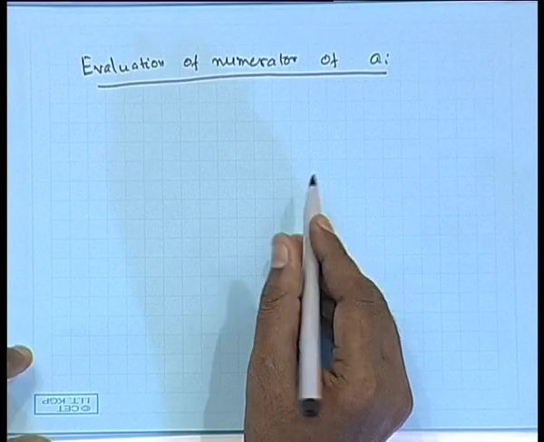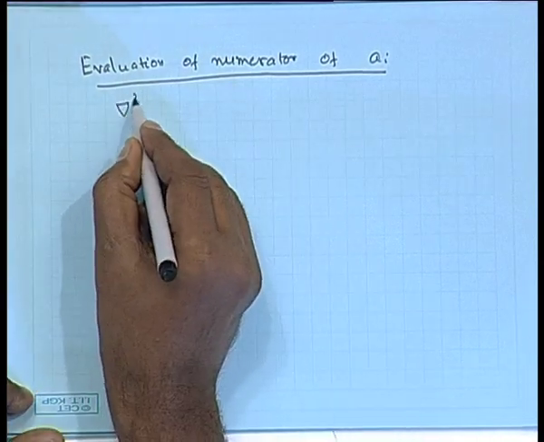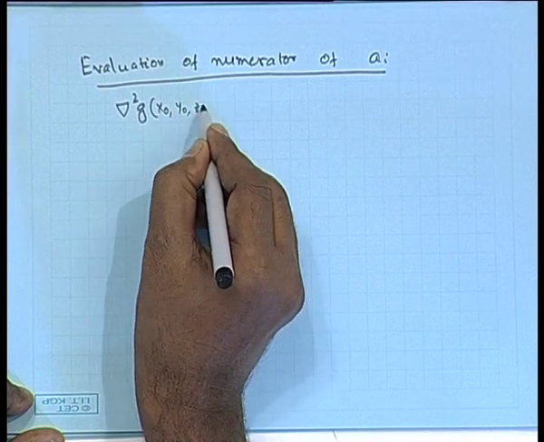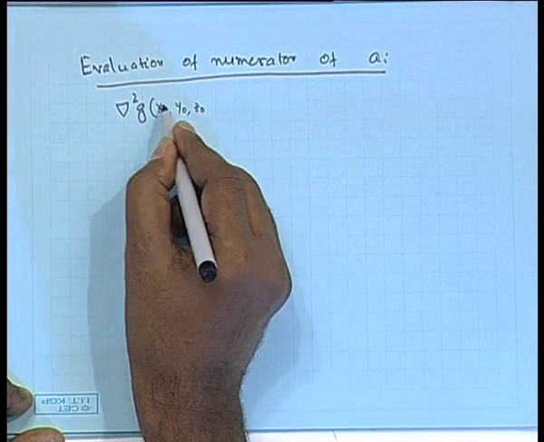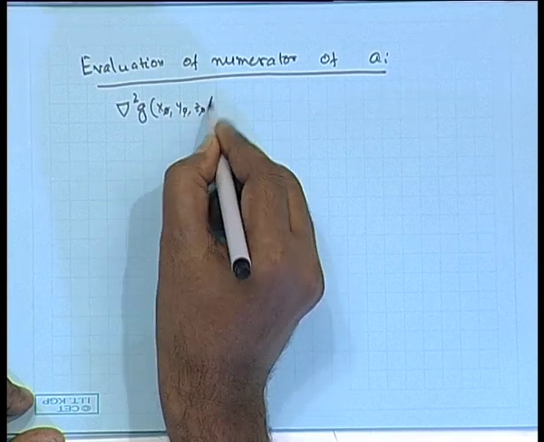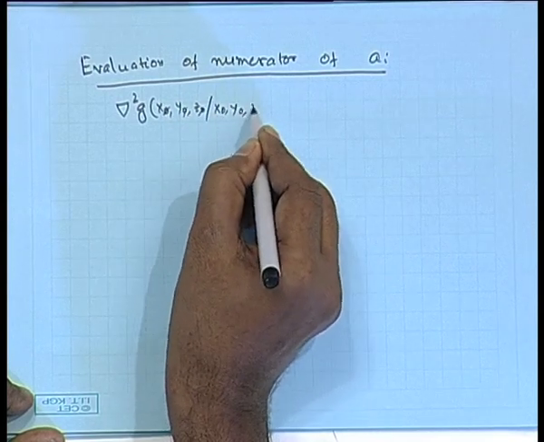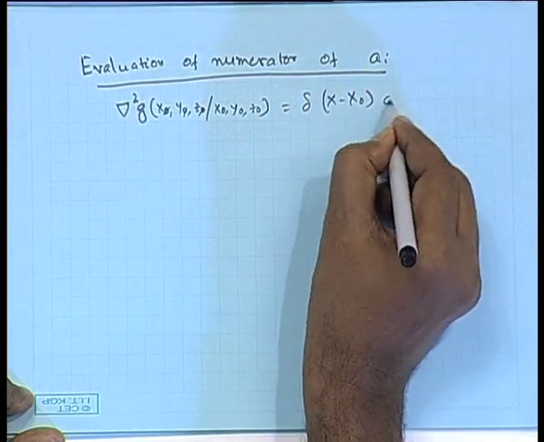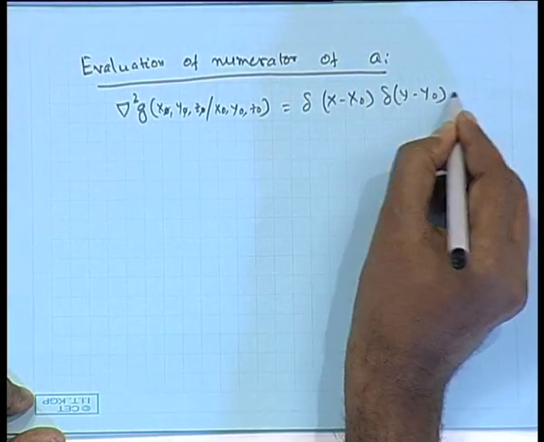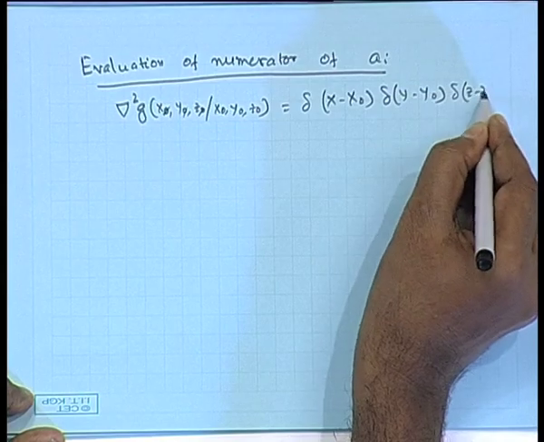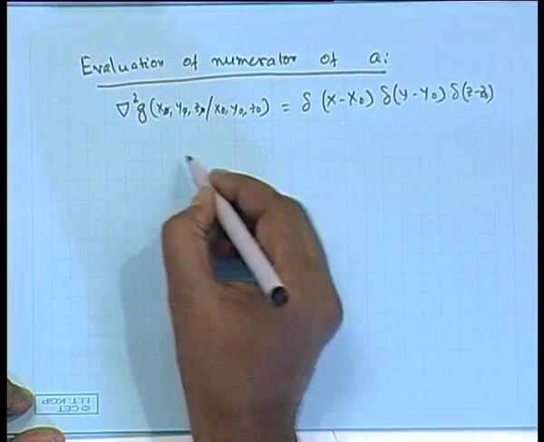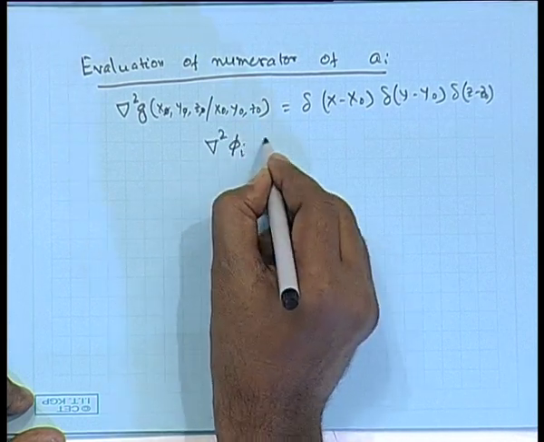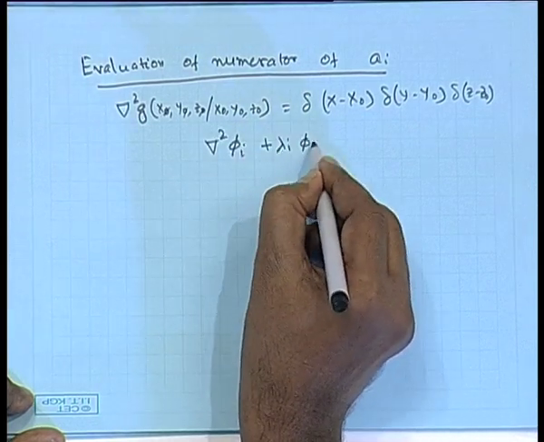So, for that you just consider the governing equation of Green's function g(x, y, z | x naught, y naught, z naught) is equal to delta x minus x naught delta y minus y naught delta z minus z naught. Okay. And the corresponding eigenvalue problem is grad square phi i plus lambda i phi i is equal to 0.